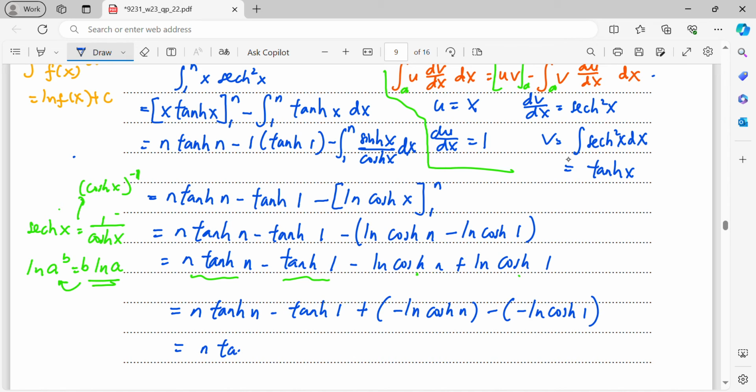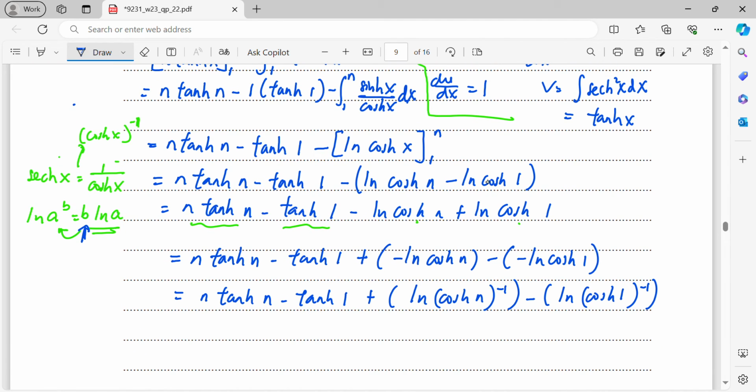So here we write first two terms plus this is ln cos n to the power minus 1 according to this formula. Then minus ln cos 1 to the power minus 1.